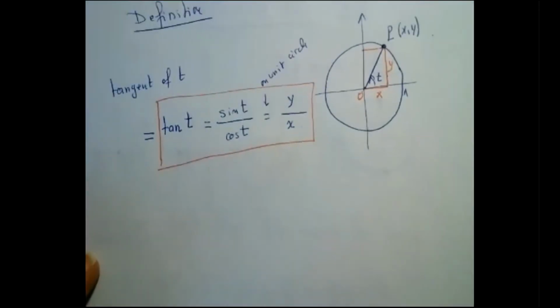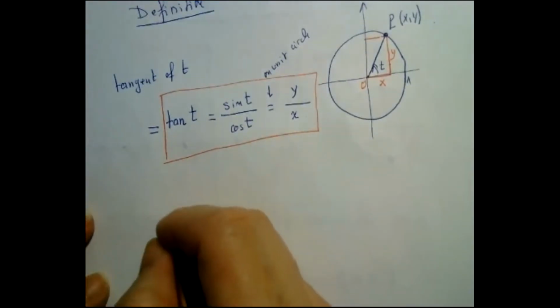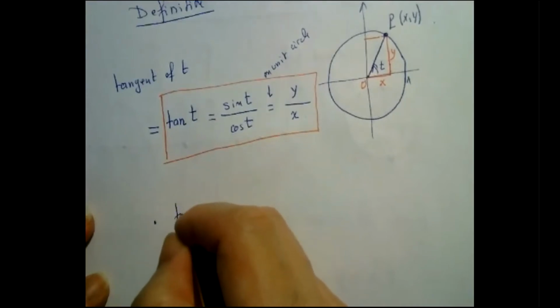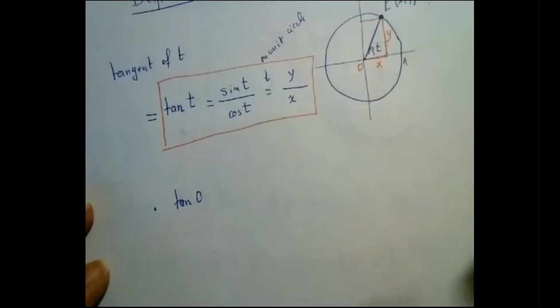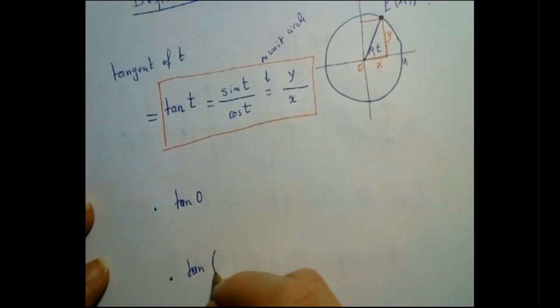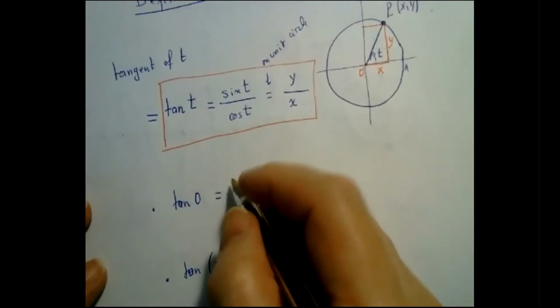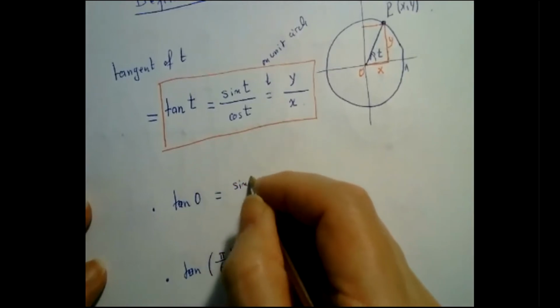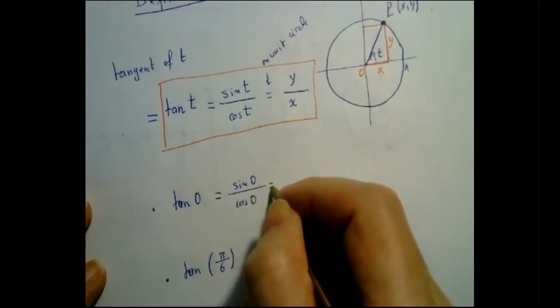So let us just practice the definition a little bit today, and next time we will graph it and so on. Basic one: what is tangent of 0? Absolutely based on our definition, it is the sine of 0 over the cosine of 0.